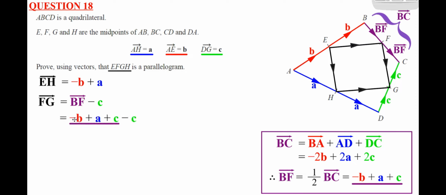So BF is minus B plus A plus C, and of course the minus C. The C's can cancel. Plus C and negative C we can just cancel off. And so that just leaves us with, of course, minus B plus A. So I've proven that side EH is the same as FG. So that's half of my proof done.